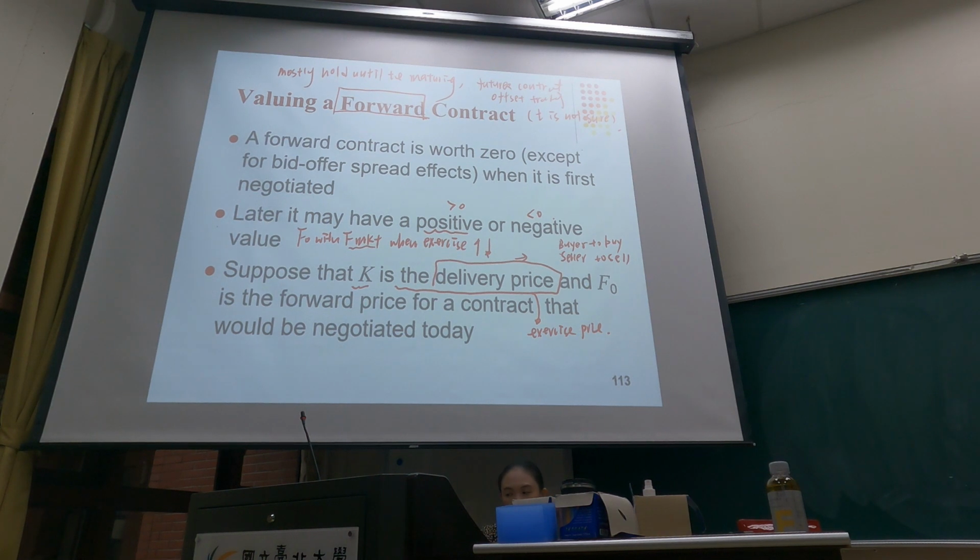And F0 is the forward price for a contract that would be negotiated today. So basically K would equal F0 when we negotiate it today. So when you compare K with F market every day, every time you try to price the forward.